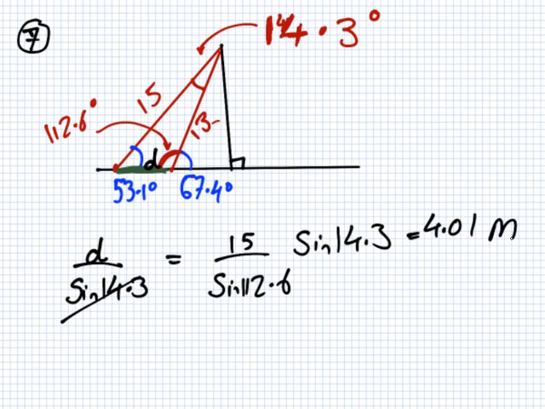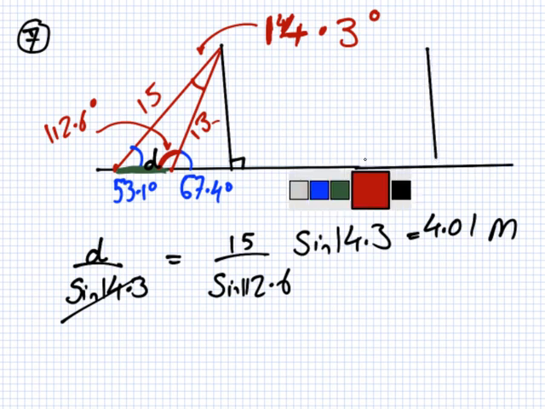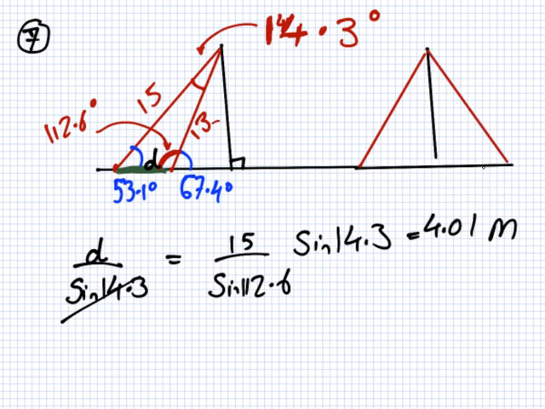In the second part, the only difference in the story is that the pegs are on opposite sides. So this is the distance D. This angle though is still 53.1, and this angle here is 67.4, and this is still 15, and this is 13.